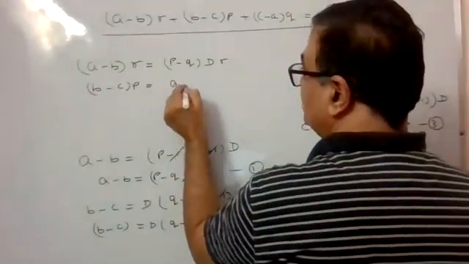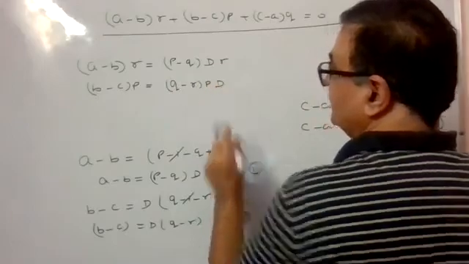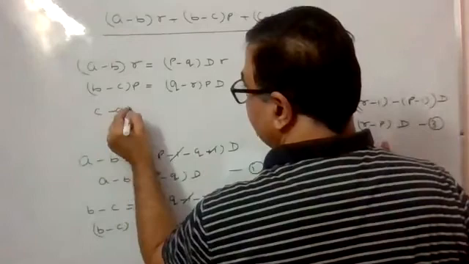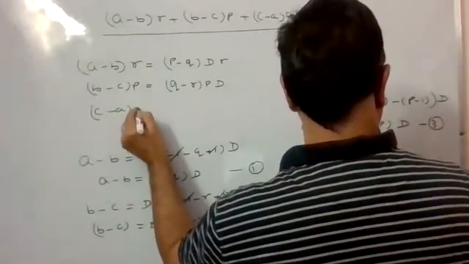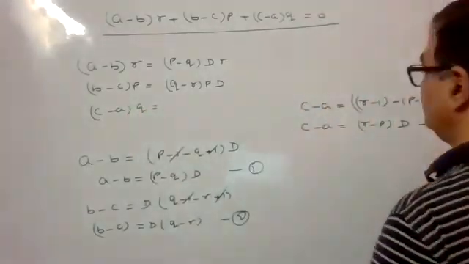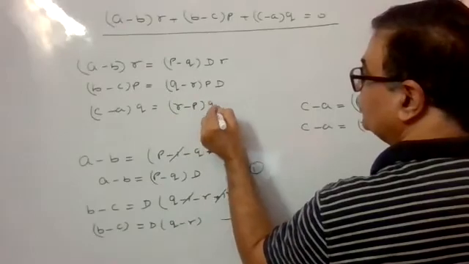So it will come (q minus r) into d into p. And third one is c minus a into how much? q. It should be (r minus p) into q into d.